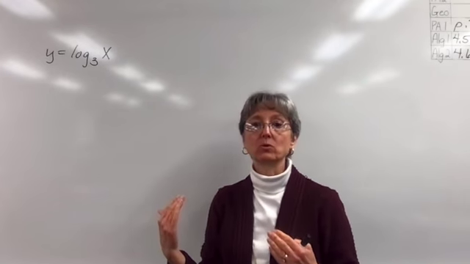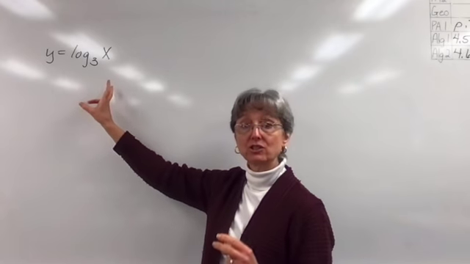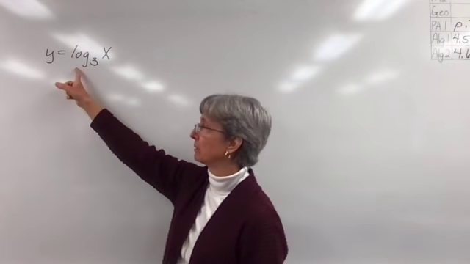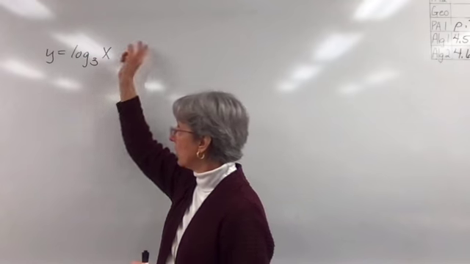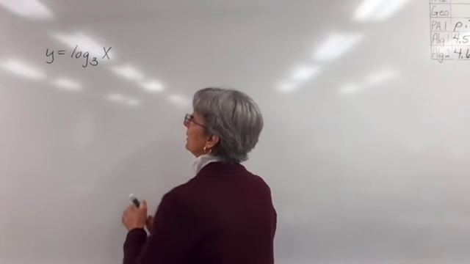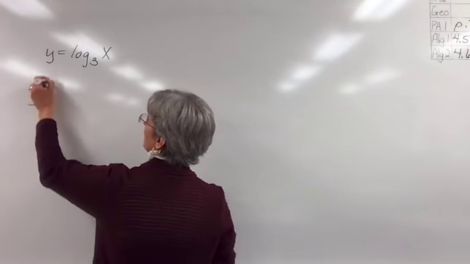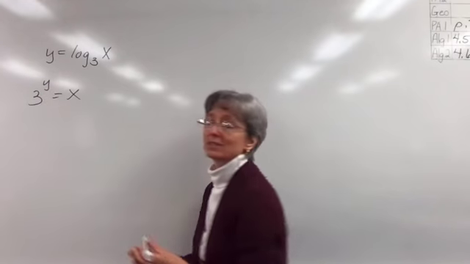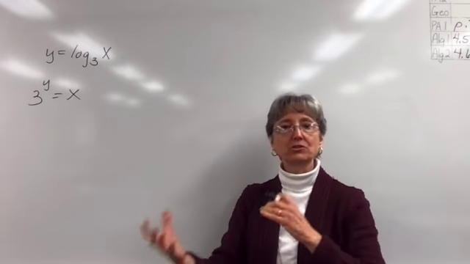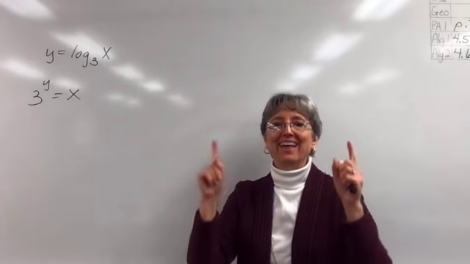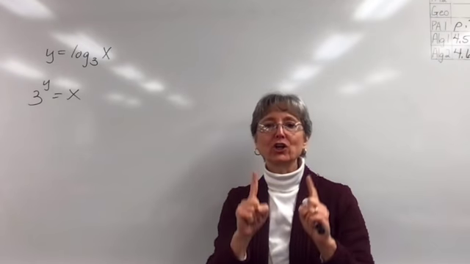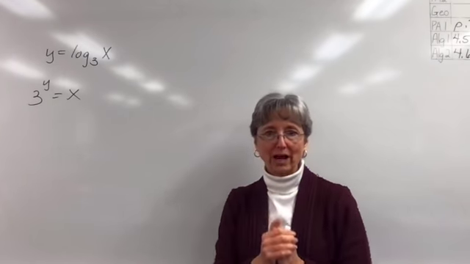Things are kind of backwards. In fact, if we changed this to exponential form, remember we blew up that log and the 3 swung over here, we'd end up with 3 to the power of y equals x, because logs are kind of inverses. That is what you're going to use to graph this.